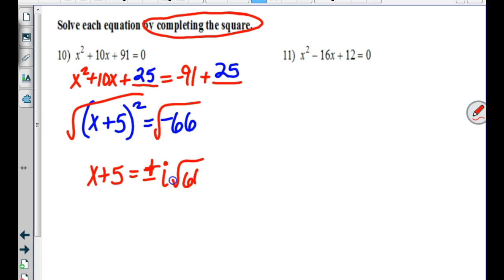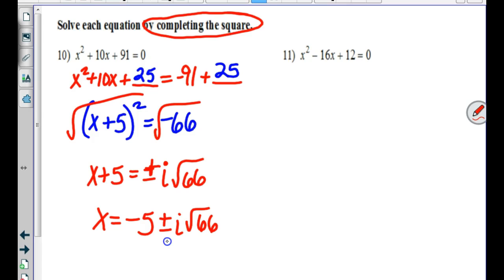So we have i square root of 66. And then if we add 5, oh no, we're not adding 5. We're doing what? Subtracting, so we have negative 5 plus or minus i square root of 66. Because we subtracted the 5, and this was i times the square root of 66. That's why the plus or minus stayed in here.